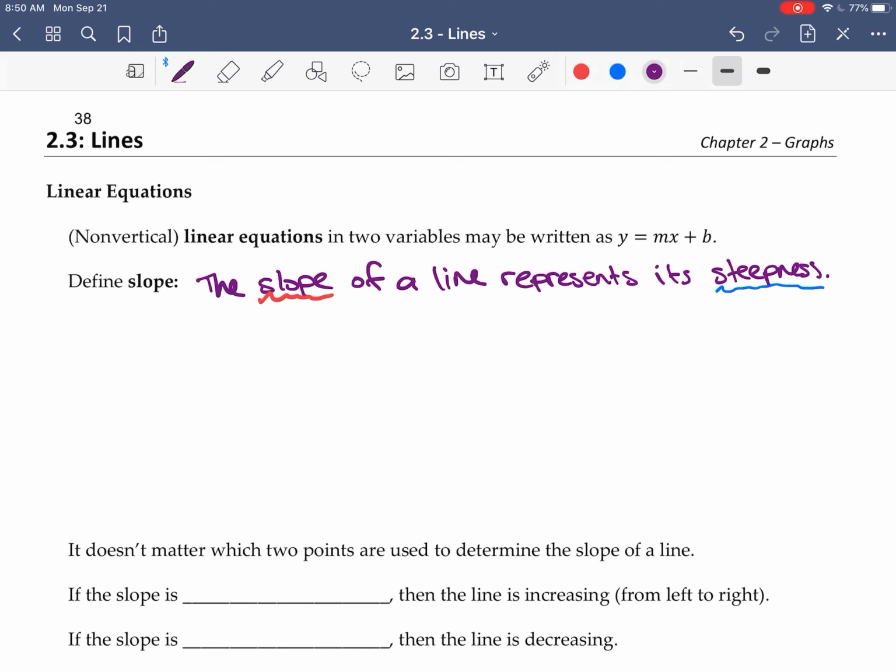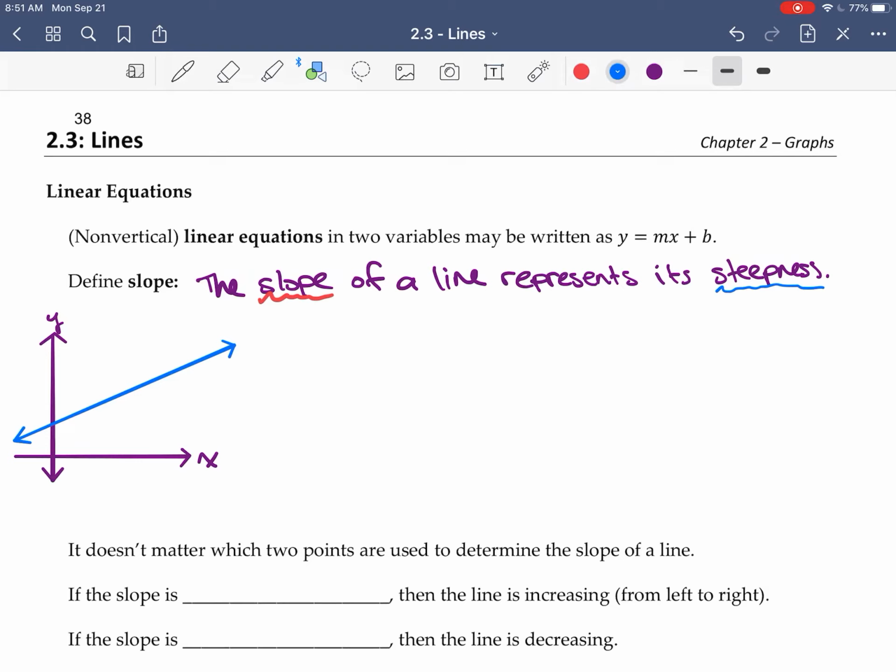Let me just draw you a little picture over here. This is x and this is y. Imagine I have a line that goes like that. So there's my line.